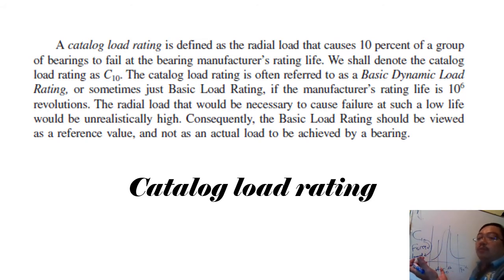Let's say you want that bearing to support a shaft weight of 10 kilograms. Convert to Newton times gravity, 100 Newton. The bearing must support the shaft weight of 100 Newton. This is the C. You will find in the catalog the word C10. It refers to the load, to the force. The unit is force.